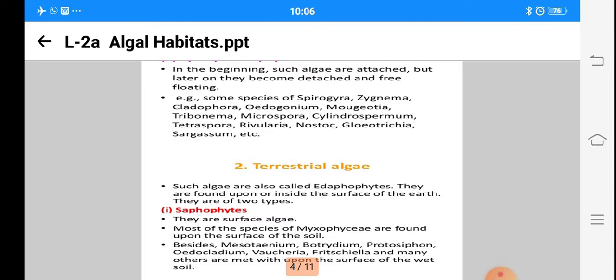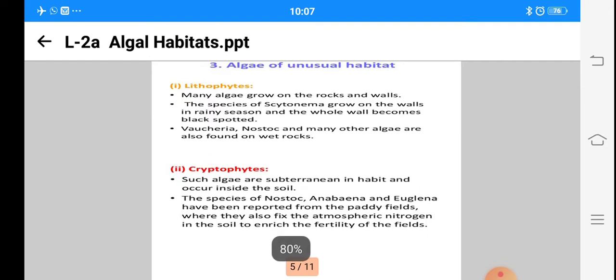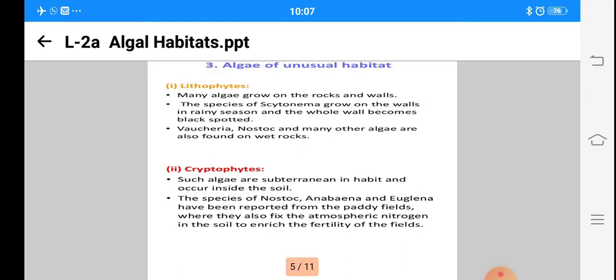Good examples reported are Botrydium, Mesotaenium, Protosiphon, Uronema, then Vaucheria, Fritschiella, and many others, which generally show on wet soil.